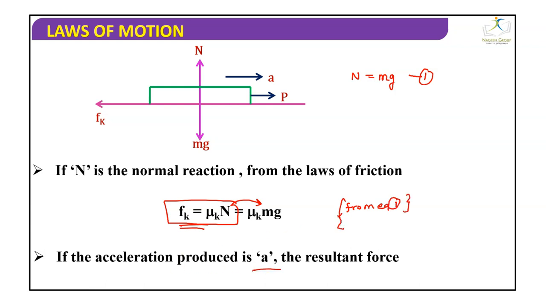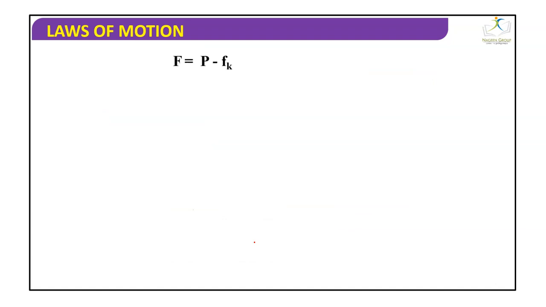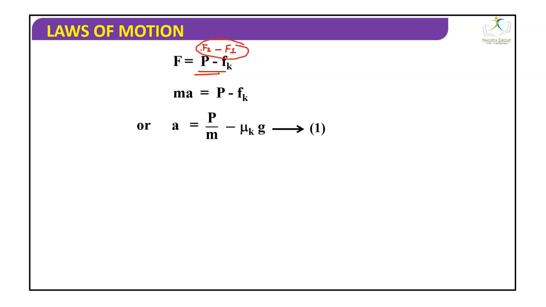If the acceleration produced is a, then the resultant force F is equal to P minus Fk, where P is the external applied force and Fk is due to kinetic friction. We know the formula of force.